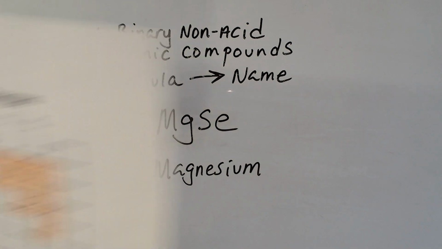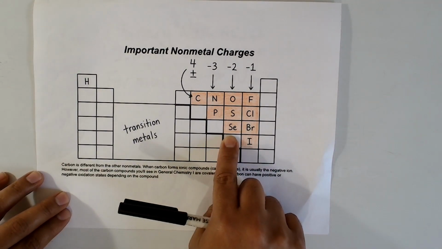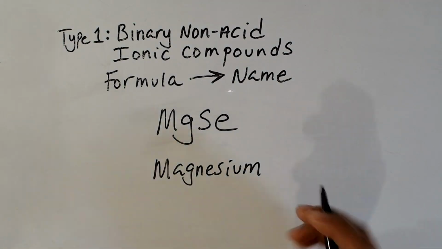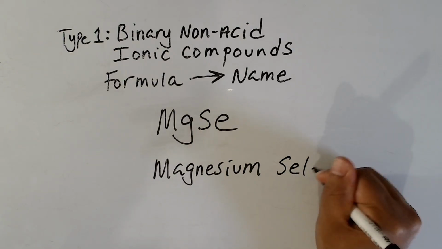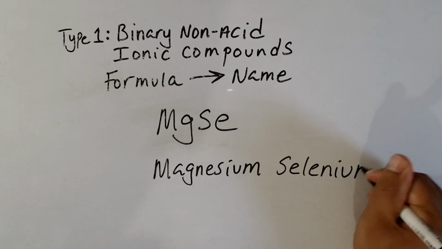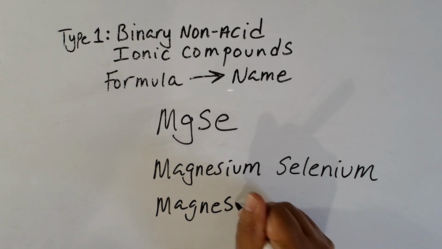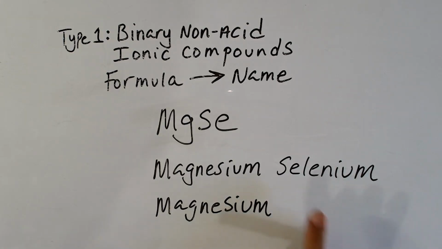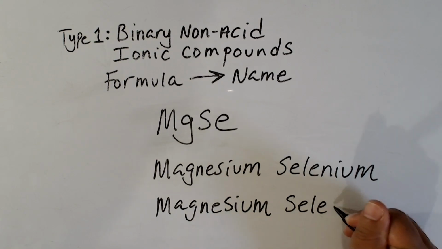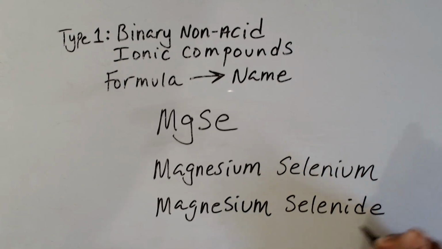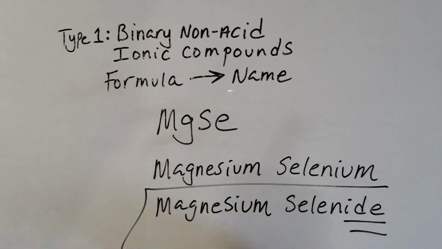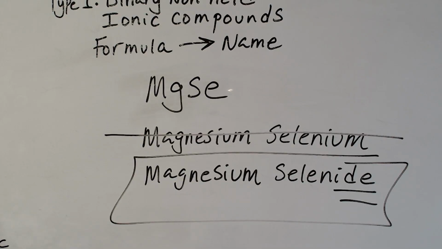So my anion is selenium. And I know I'm going to change the ending to IDE. So this is going to be my chemical name.